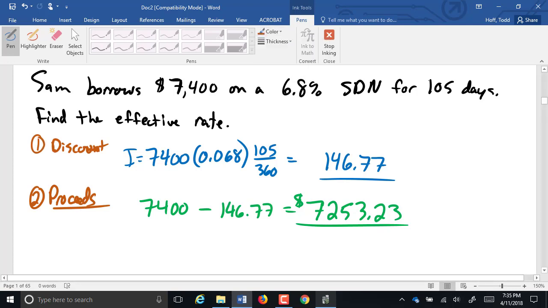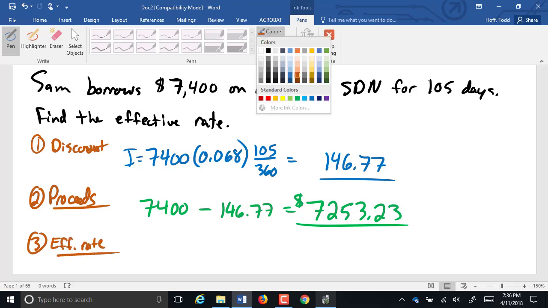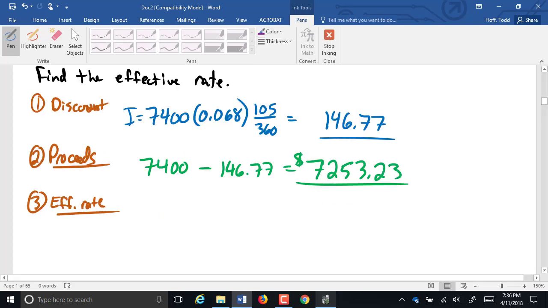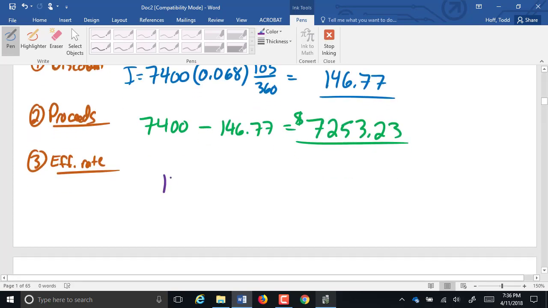Okay, what is next? The effective rate. And to do that, we use 146.77. The discount becomes our interest. The 7,253.23, our proceeds, becomes our principal, times R times 105 over 360.